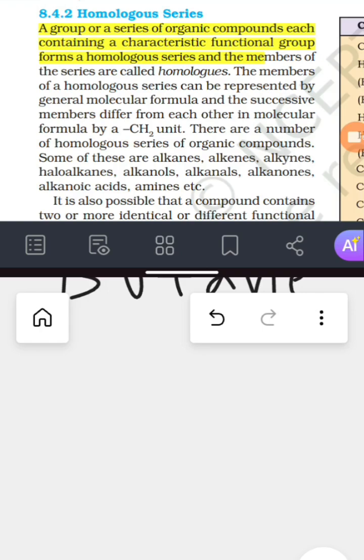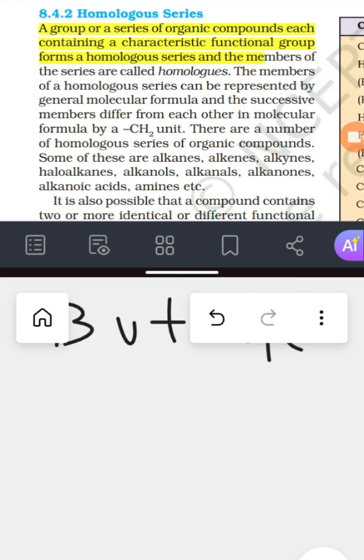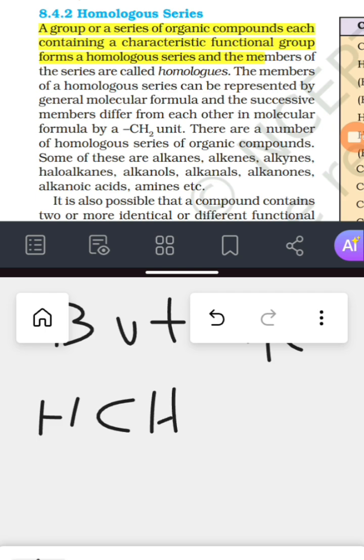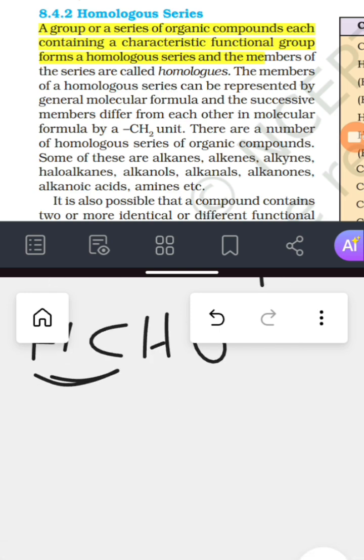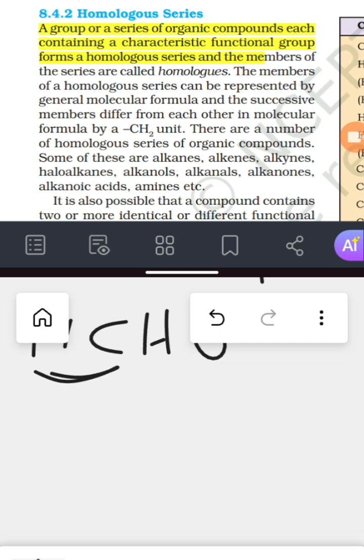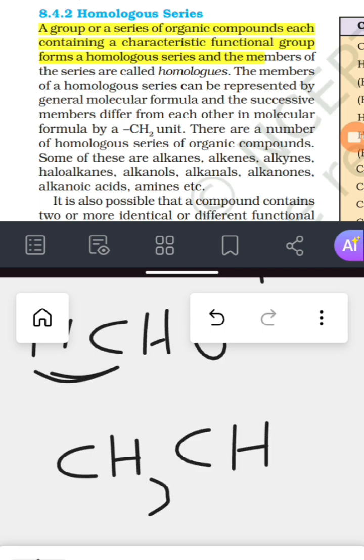In case of aldehydes, the first aldehyde is formaldehyde. Formaldehyde is HCHO. If we add CH2 in between H and CHO, then it becomes CH3CHO, acetaldehyde.